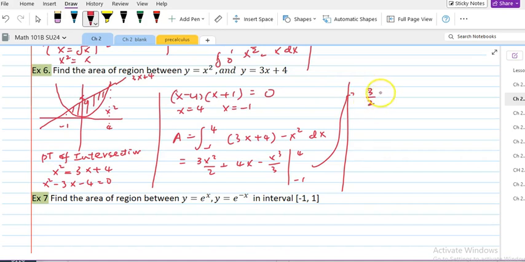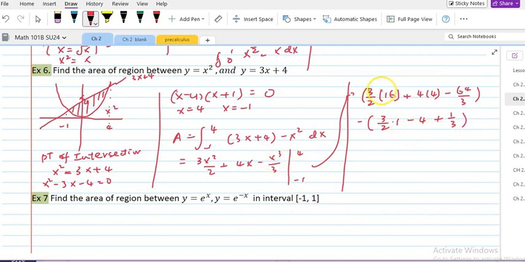3 over 2, 4 squared is 16, plus 4 times 4, minus 64 over 3. Subtract at negative 1. So it's 3 over 2 times 1 minus 4, because 4 times negative 1. And then add 1/3, because negative 1 cubed is a negative.